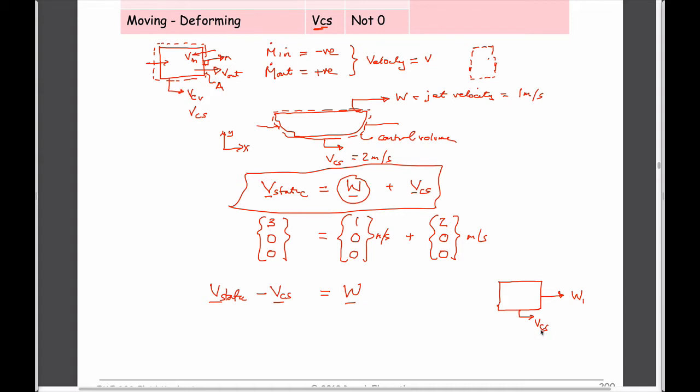That's what we need. It's coming across that control surface. And if we know that relative to the amount that is going in, also at some different velocity, it only matters what the relative velocity is relative to that surface.